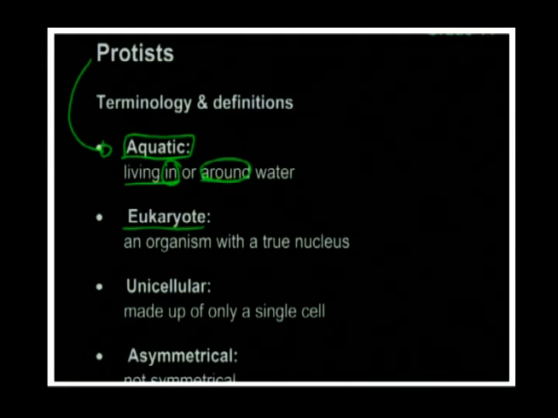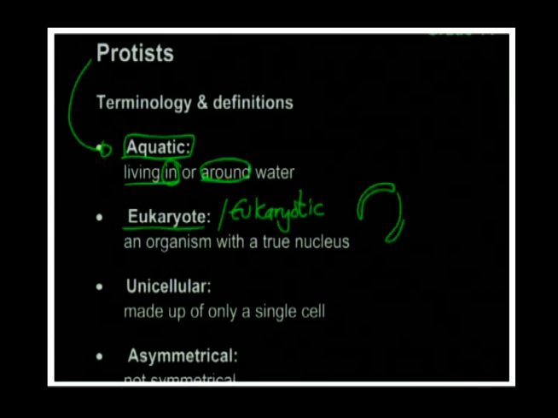Our second term is eukaryote, or an organism may be described as eukaryotic. Remember that eukaryotic means that it has a definite membrane around the nucleus, so that there is our nuclear membrane, there is the nucleolus, and the nucleic acids are inside.